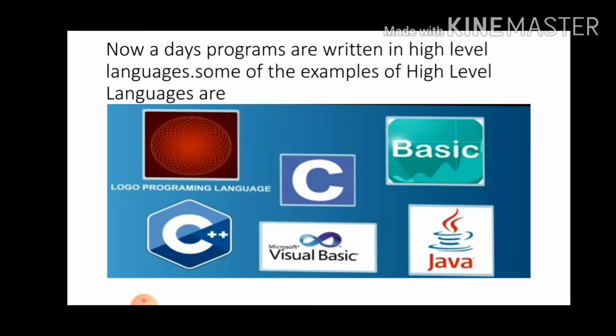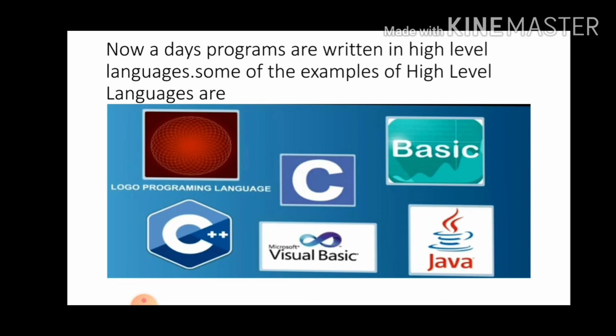Yes, we'll go further. These are the examples of high level languages. What are the high level languages? Logo is a programming language, C is a programming language, C++, Visual Basic, Basic and Java. These are all programming languages, children, that we have to keep in mind.